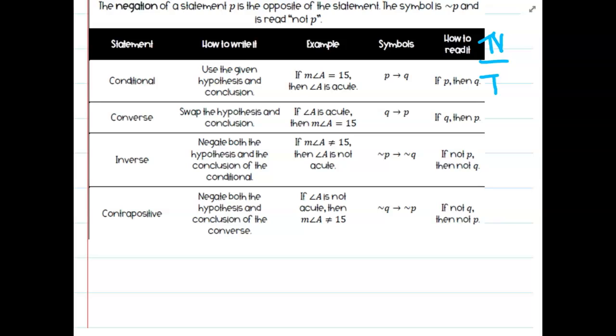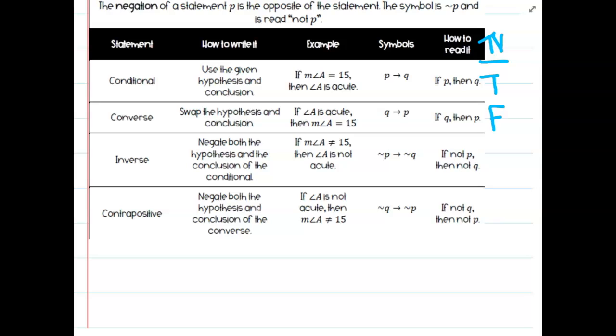If this is true, it means that every single acute angle, every time I have an acute angle, it has to measure 15. Is that true? No. Now, if it's not true, you should be able to give me a counterexample. What's a counterexample of an acute angle that does not equal 15? 89! You could have an angle that measures 89, and that's acute, but doesn't equal 15. You can put so many in there, right?